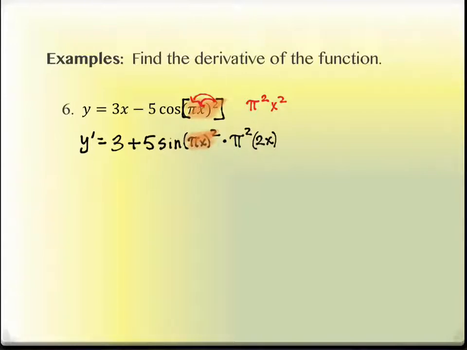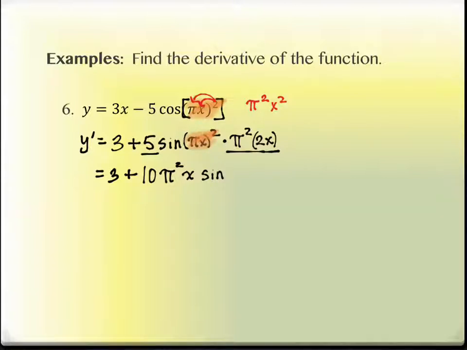Calculator is not necessary. Okay, so let's clean this up, see what pieces we can combine. Obviously, the 3 at the beginning doesn't need any work to it, but here I have a pi squared and 2x and 5, so I can combine all those pieces to give me the 10, and then pi squared, I'm going to put all the numbers together usually, and then x, and then sine.